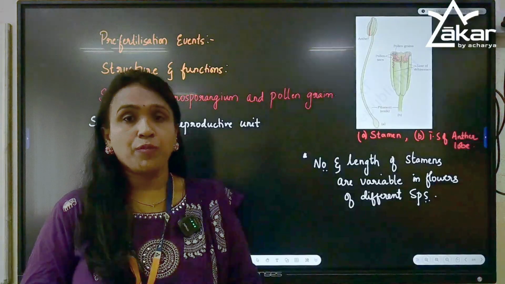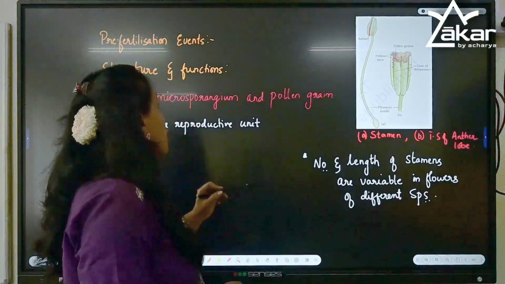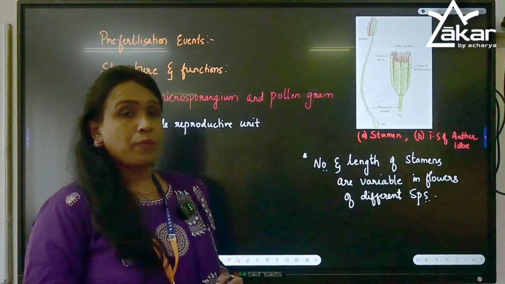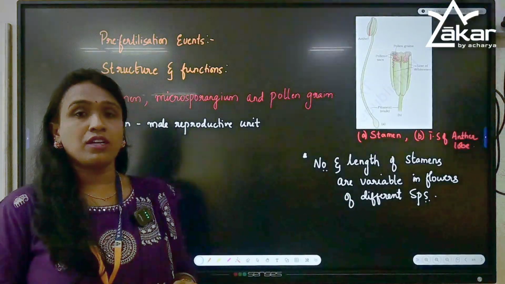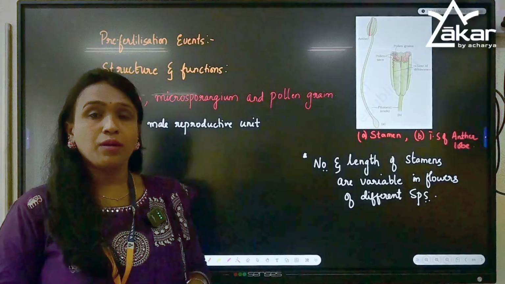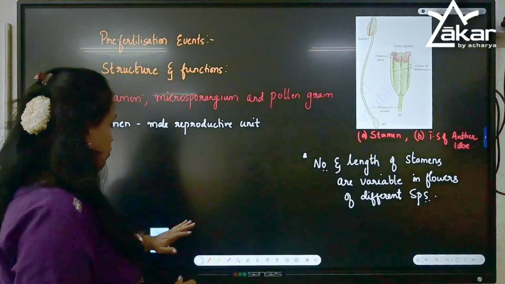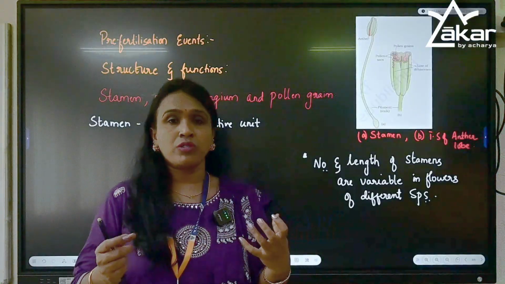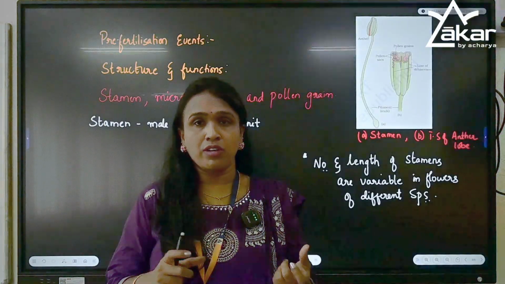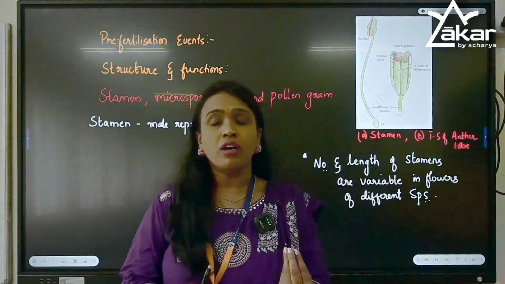The next concept of this chapter is pre-fertilization events. In this topic, we are going to study the detailed structure of stamen, microsporangium and pollen grains. So in the very first, when we look at a flower, you just pluck one hibiscus flower or any lily flower or any random flower you get in your garden.